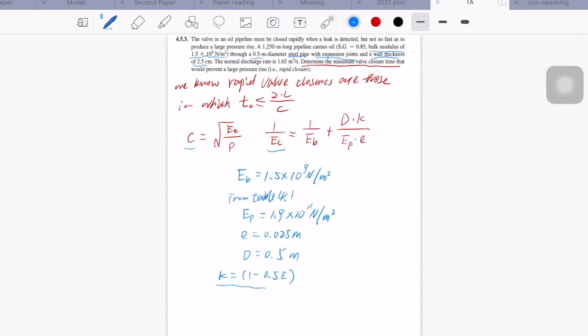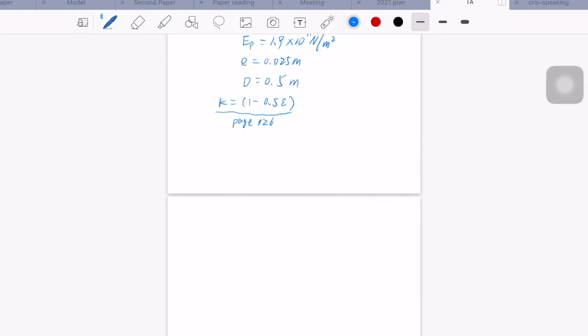This equation is on page 126 to calculate the K. And we need to note that for common pipe material, epsilon equals 0.25 is often used.